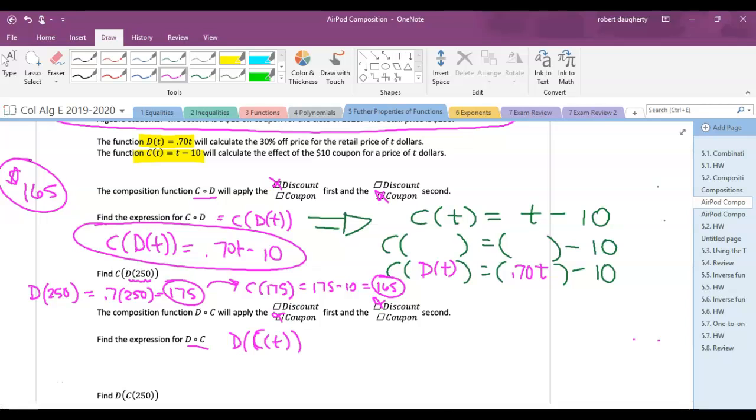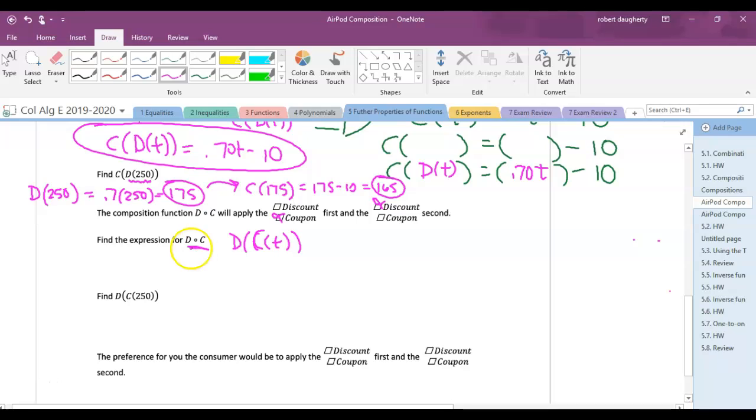Now let's do it the other way around. D of C of T. Let's find the expression for D of C of T. To find the expression, I always start with D. D of T is my discount function.